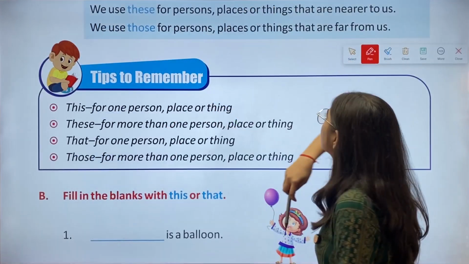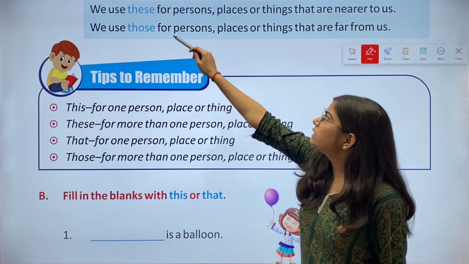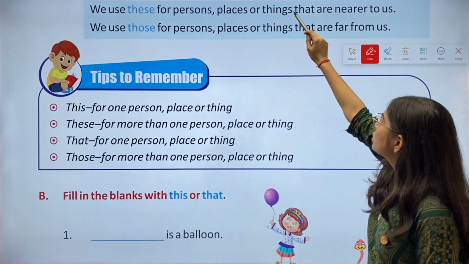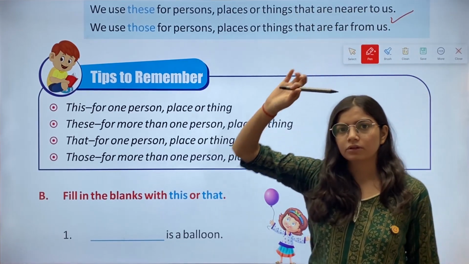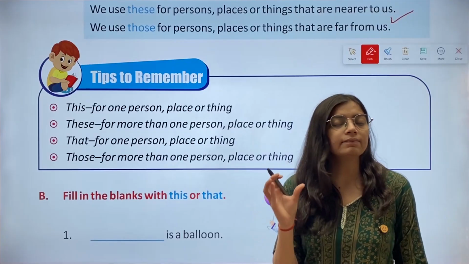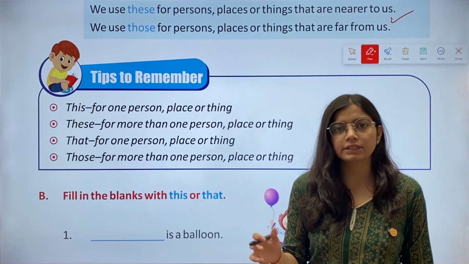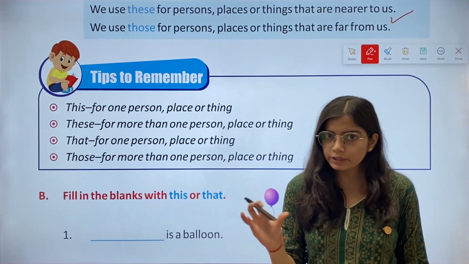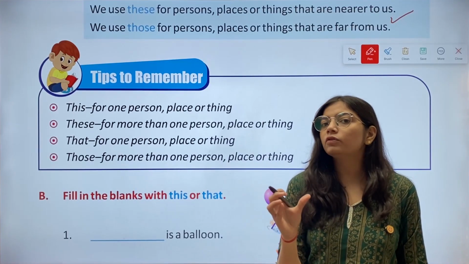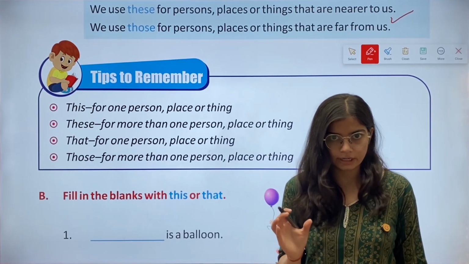Okay, then we use these for persons, places, or things that are nearer to us. So again, these हम वहां यूज करते हैं जो पर्सन, प्लेसेस और एनिमल हैं, वो प्लूरल में हैं, और वो हमसे near हैं उनके लिए यूज करते हैं.